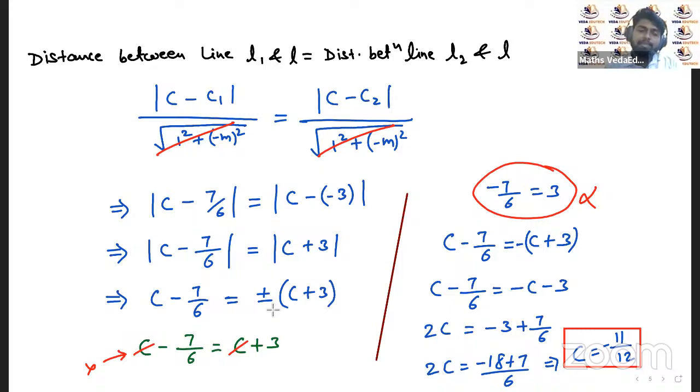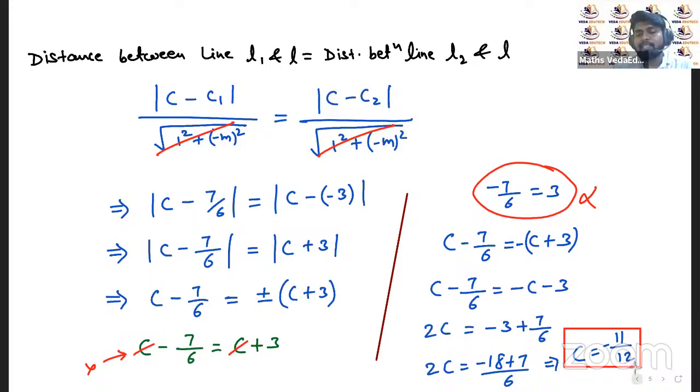When we take the plus sign, the C gets cancelled and we get the relation minus 7 by 6 equal to 3, which is not correct. We can't take a negative value equal to a positive one. So the second condition will be satisfied, that is C minus 7 by 6 equal to minus of C plus 3. After simplification, we get the C value, that is minus 11 by 2.